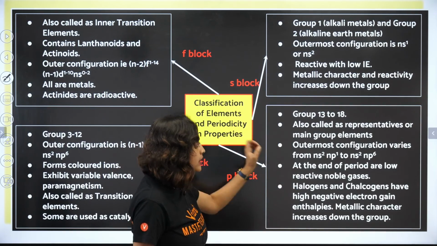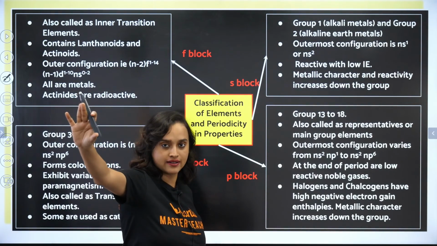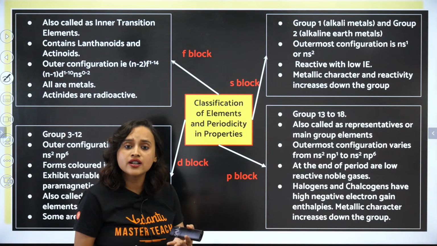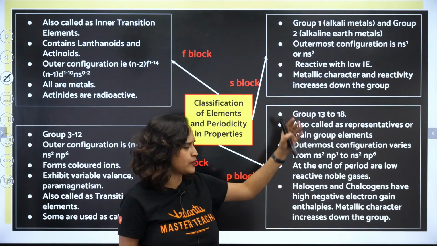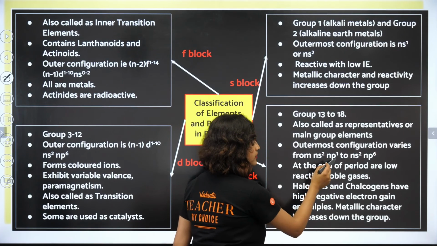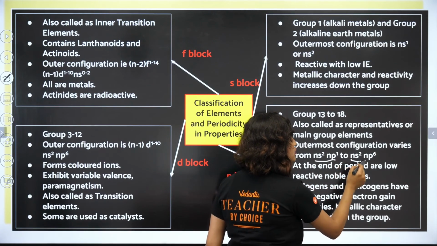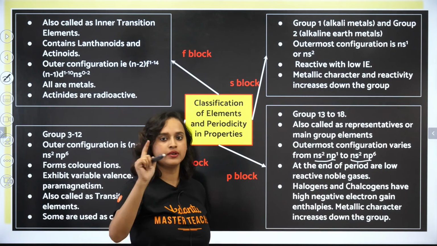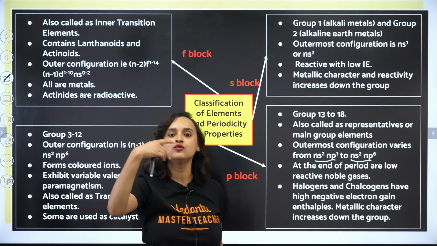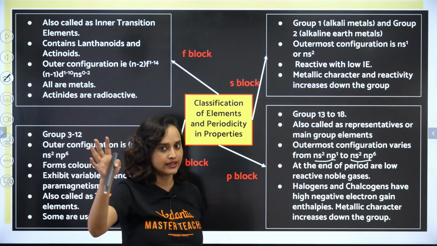Now coming to P block. P block is the extreme right side, group 13 to group 18. They are also called the representative or the main group elements, so is S block actually. Outermost configuration is NS2 NP1 to NS2 NP6. It can be NS2 NP1, NS2 NP2, NS2 NP3, NS2 NP4, like that till 6.